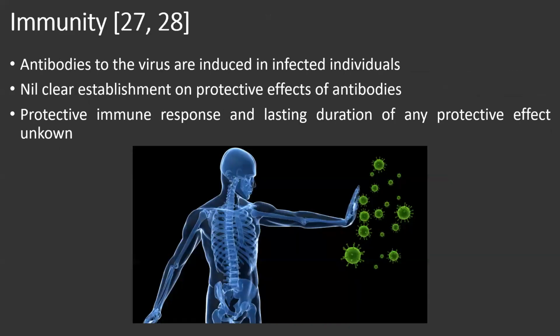So for immunity, it is known that there are antibodies to the virus that are induced in those who have become infected. And initial evidence indicates that some of these antibodies are protective, but this has yet to be clearly established. Also, it is unknown whether all infected patients will naturally have this protective immune response, and if there's any lasting duration of any protective effect.